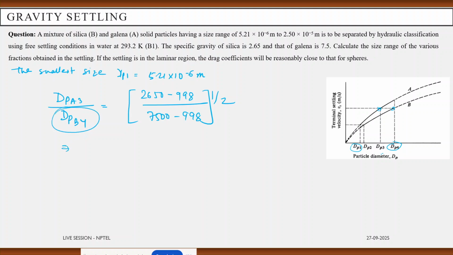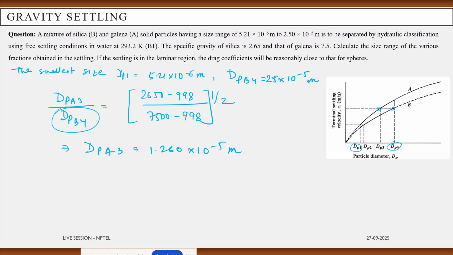This value is the same as dp4, which is also 5. This largest one is 2.5 into 10 to the power minus 5 meter. So from here dpa3 will be calculated as 1.0 into 10 to the power minus 5 meter.